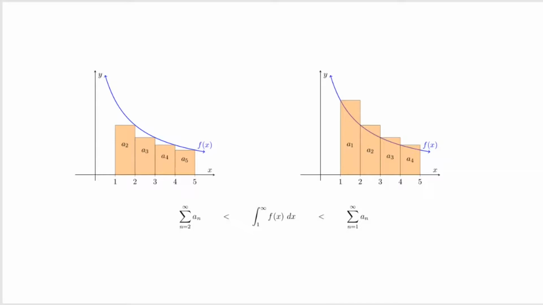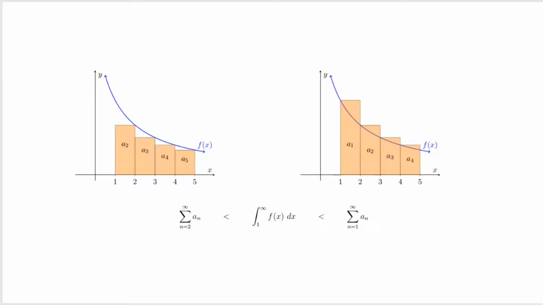And the beauty here is that these two series differ only by a single term, and so they either both converge or both diverge. We saw last time that you can discard finitely many terms from a series, and it doesn't change whether or not the series converges. Here we're discarding one term from the series, so both of these two series either diverge or converge.